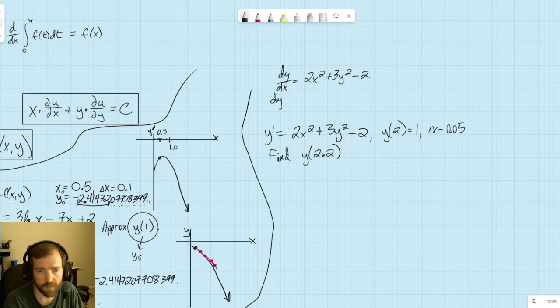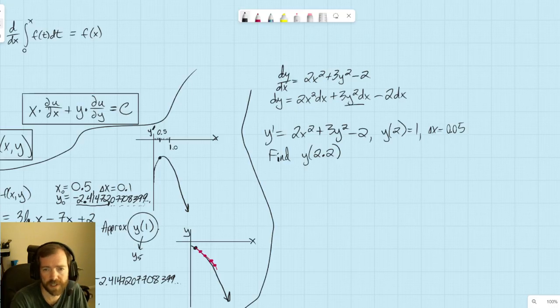So this would be dy is equal to 2x squared dx, which is fine, that's integrable, plus 3y squared dx, which is not integrable, minus 2 dx.